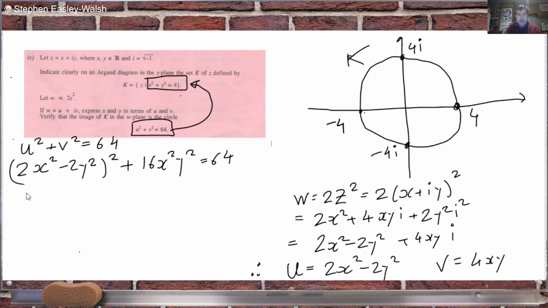Let's see what happens. 4x^4 minus 8x squared y squared plus 4y^4 plus 16x squared y squared equals 64.